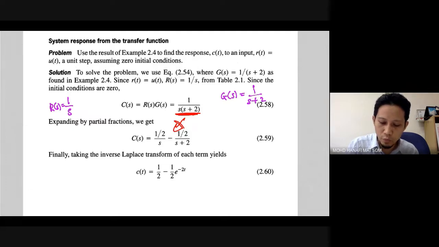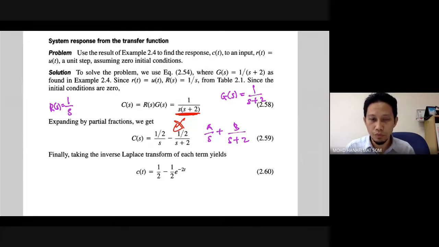Basically what we have is A over s plus B over s + 2, right?